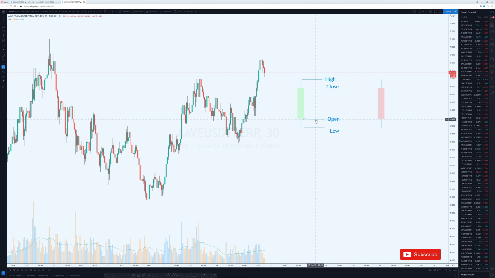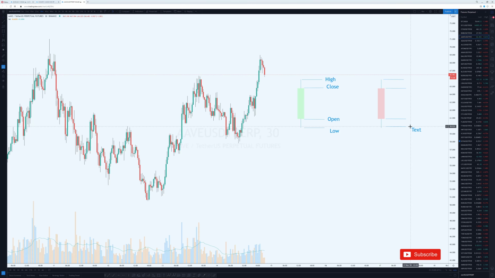Then we have the low. These are just pointers to these levels. They are not part of the candlestick, they are just pointers to the levels I'm trying to inform you about.